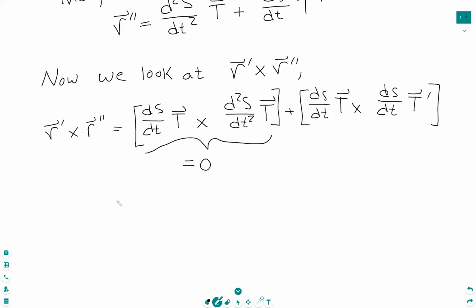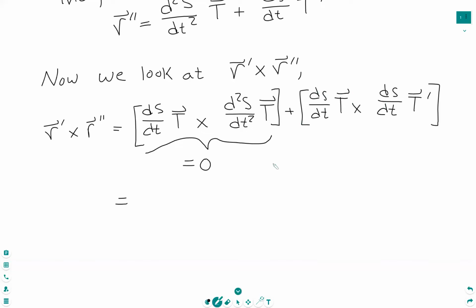So we just have this last term here that remains. And notice that they both share a ds/dt. So what I'll do is pull those out. Because they're in each cross product, if there was a scalar function out in front of one of them, we were able to pull that out.